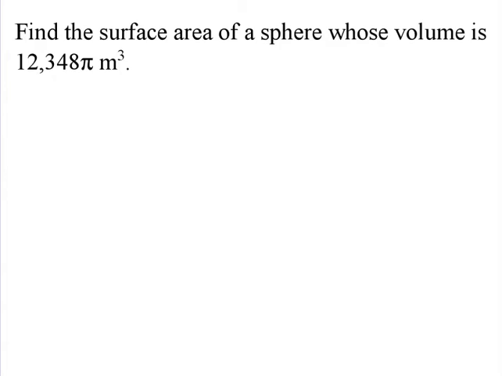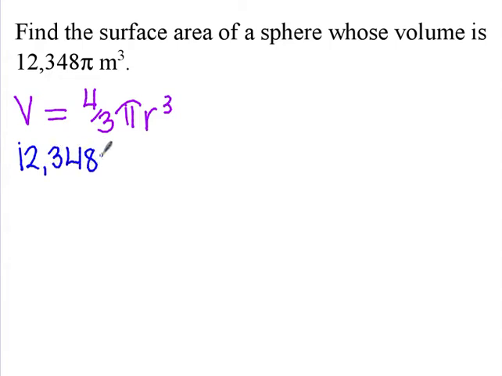Ooh, it's flipped. Now we're finding the surface area when we're given the volume. So to find the surface area when we're given the volume, we're going to plug in what we know. We know that the volume is 4/3 pi r cubed. So let's plug in the fact that the volume is 12,348 pi.